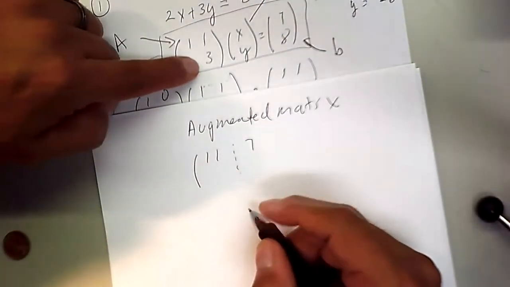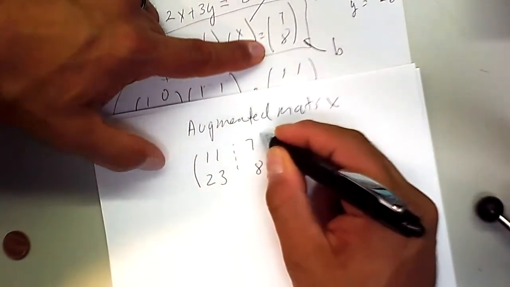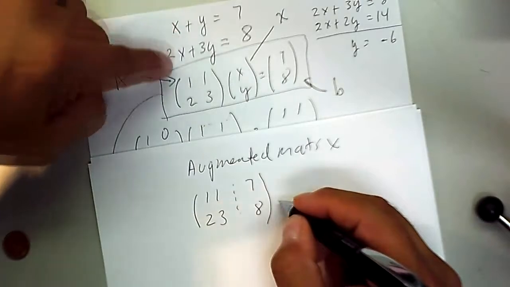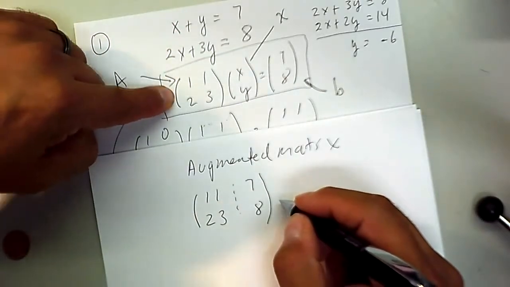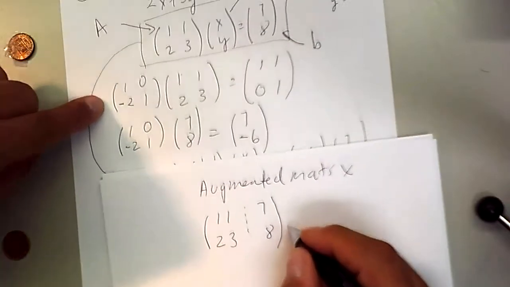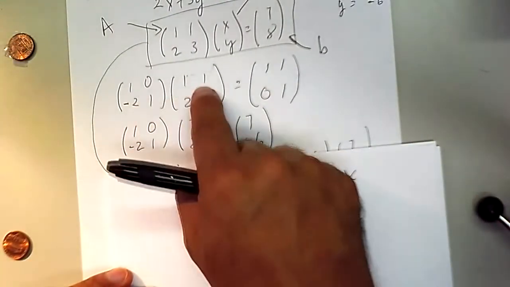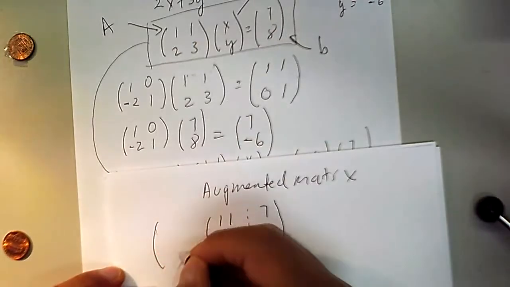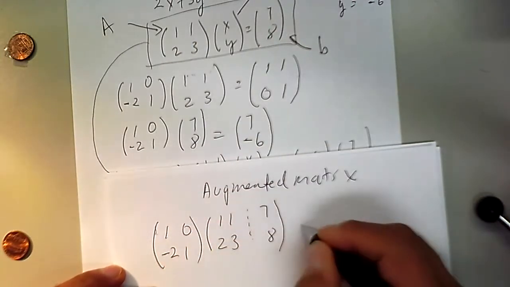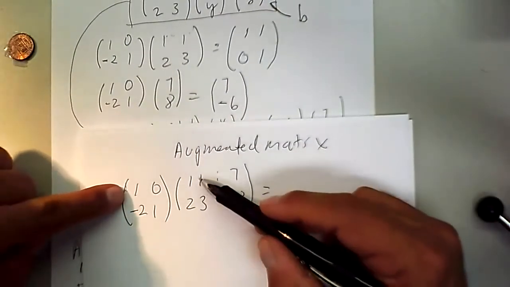And then we have 2, 3, and then 8. So this is the augmented matrix corresponding to this system of equations, or to this matrix equation. And so instead of multiplying this matrix twice, let's just do it once. 1, 0, -2, 1.